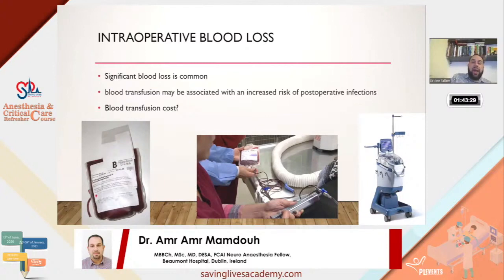Blood transfusion also has a cost on our health system. We work in a country where the health system is not properly funded yet, so the cost of blood replacement must be considered. In a recent cost-benefit analysis study, the average cost for a cell saver was about $512, while autotransfusion replacement was up to $250.